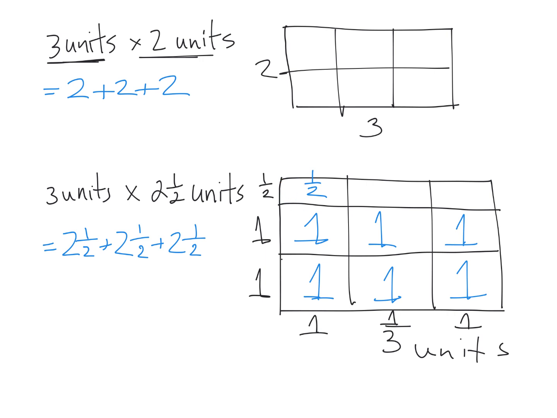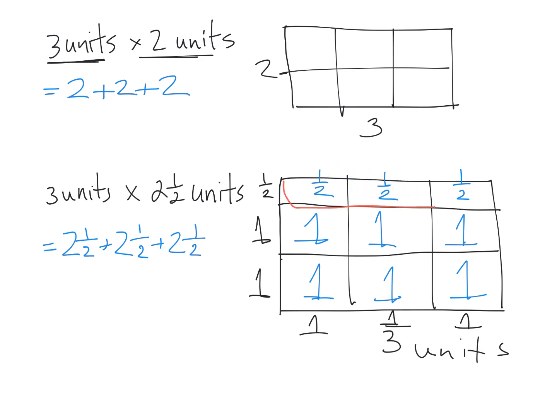Similarly, we've got a half square unit right here, and another half square unit right there. So we have all these square units, and then half a square unit, half a square unit, and half a square unit. Of course, we could take a half and a half, and these together make one whole.